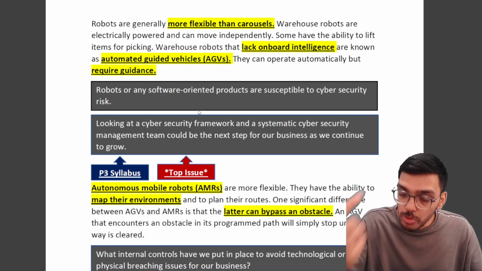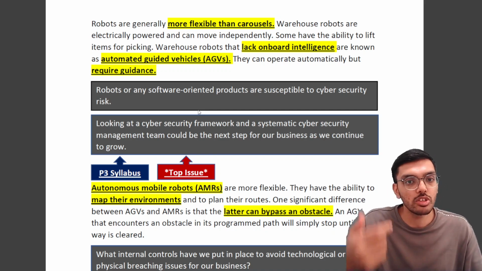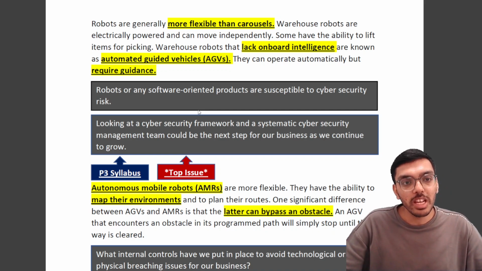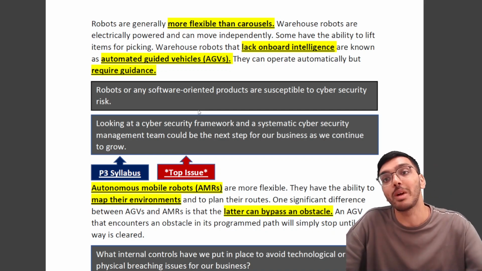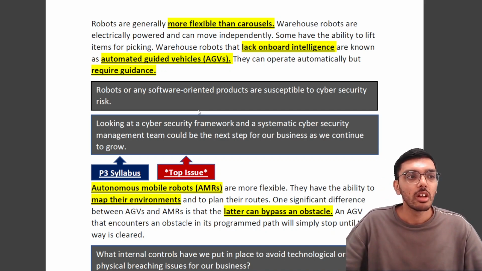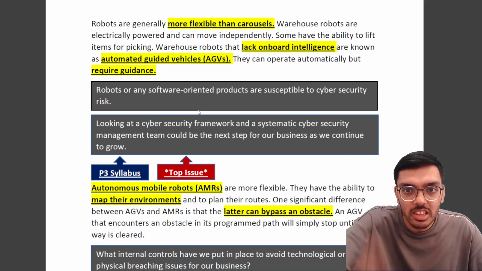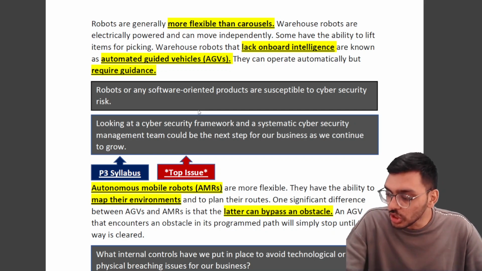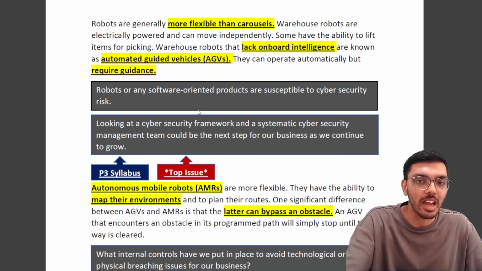Physical damage, data damage, monetary damage, everything. So because we are speaking about robots, cybersecurity, software, IT development, cybersecurity risk is a very, very prevalent risk in this market.